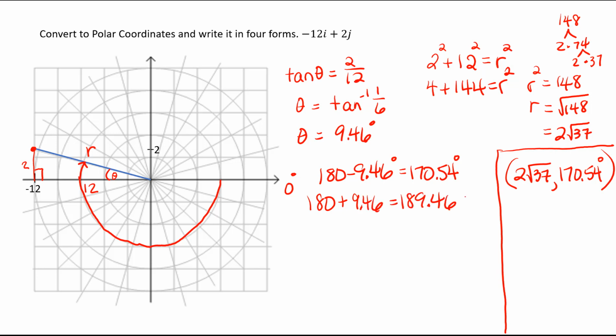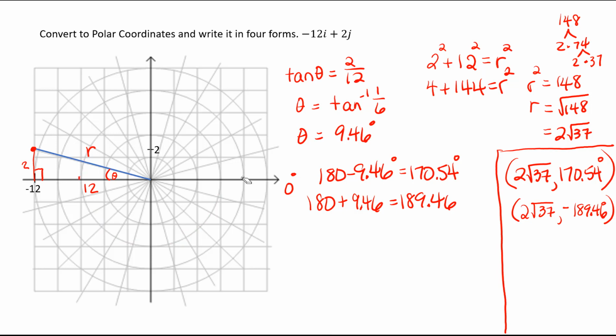I could go in the clockwise direction, which is the negative direction, and I would have 2 square root of 37 for my r still, but I would have negative 189.46 degrees for my angle.